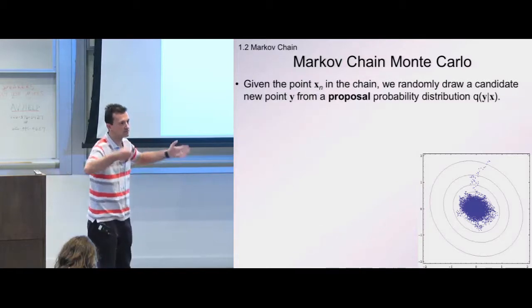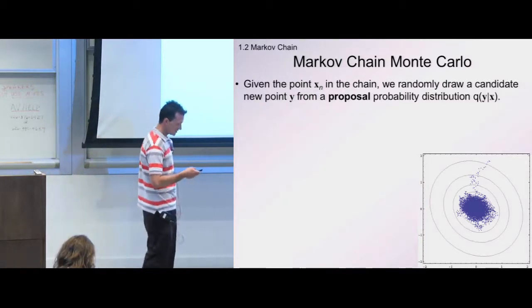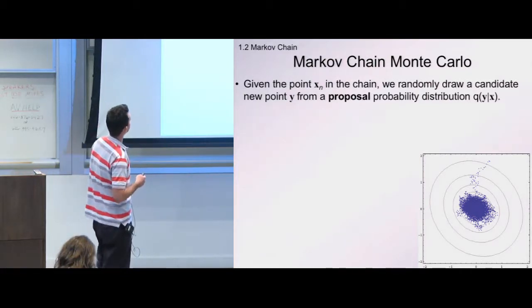Probably most of you know how a Markov chain works, but it's better to repeat in case some people don't know. The idea is that once you are in the point xn, we draw a candidate new point y using a proposal probability distribution q.